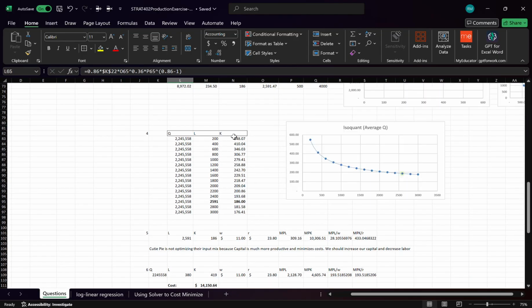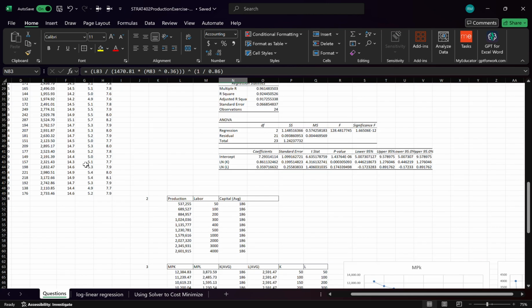I did the average quantity here, had labor go up, and then calculated K by doing a crazy equation that basically had the linear log thing, and then you have to raise it to the power of the inverse, and then you get K, and you just plot those against each other. And then right here, this glowy dot is where we're producing.